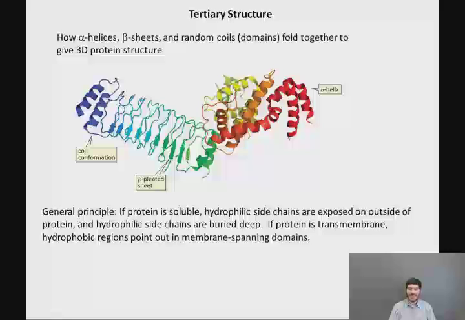If the protein is a transmembrane protein, so it's sitting inside a cell membrane, the cell membrane is, of course, a hydrophobic environment. So in that case, the hydrophobic regions point outwards in membrane-spanning domains.